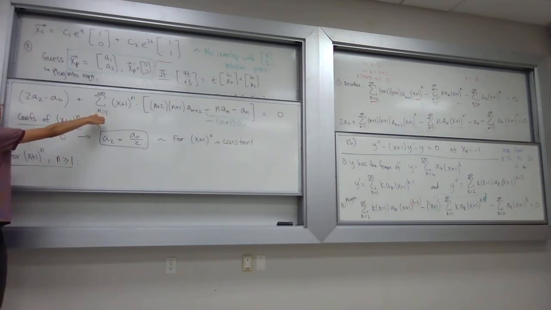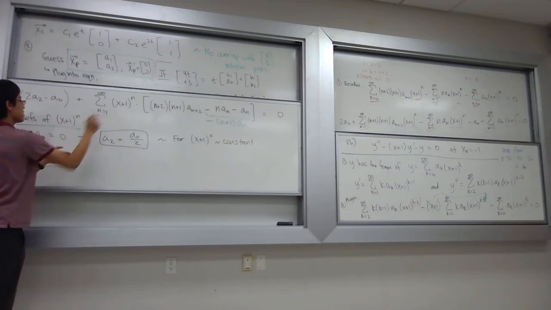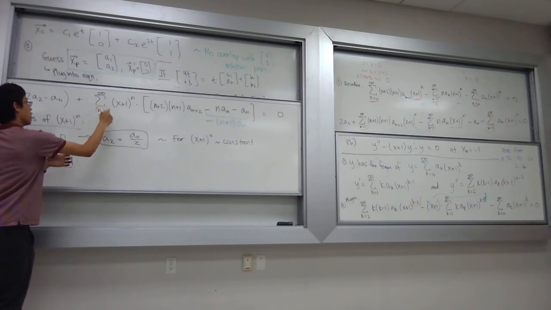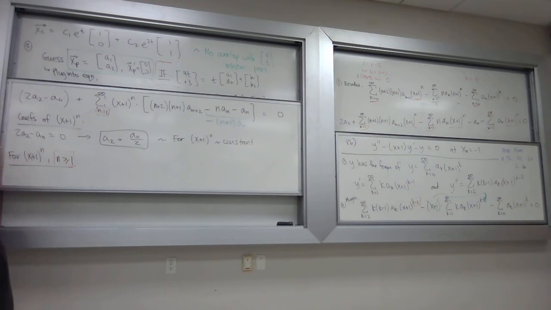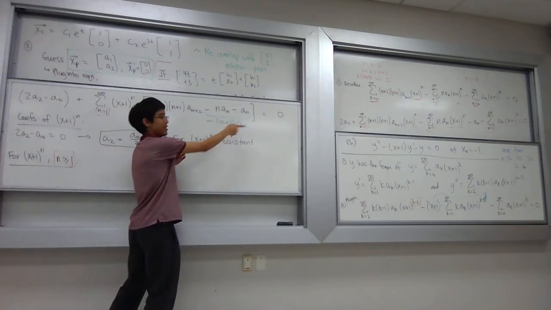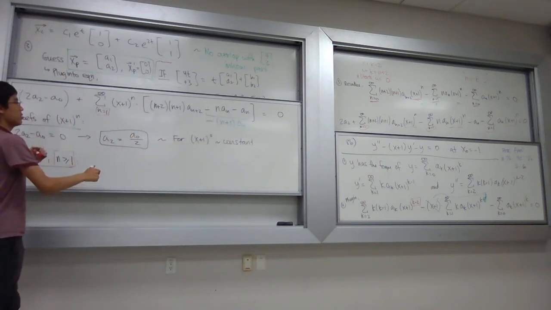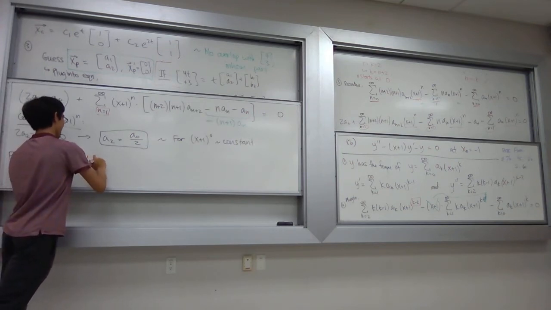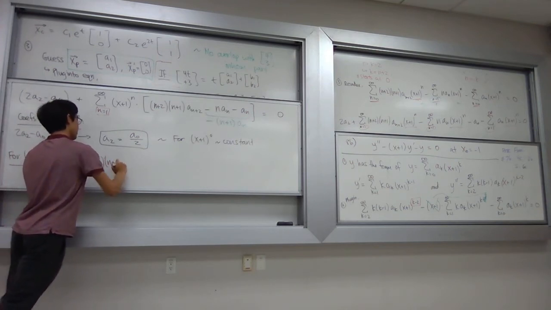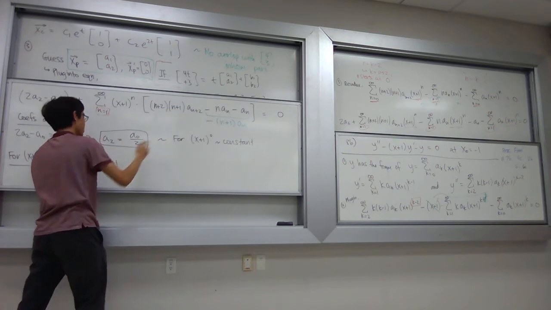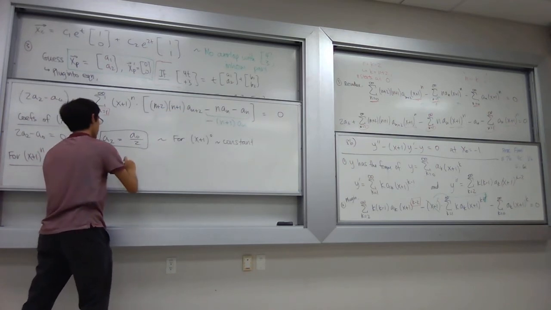Look at the starting index here. n starts at 1. That's how we get this. And then what needs to hold? This minus this has to equal 0. So I'll write that out first, but you can already determine what the recursion relation is.